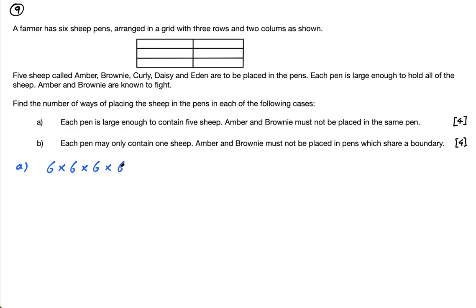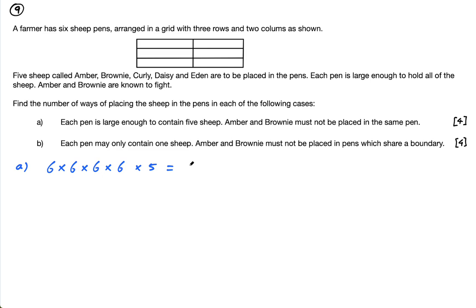So I'm going to times 6 again. But now I have Brownie, who I cannot put into any of the 6 pens. I can only put Brownie into 5 pens, because he cannot go into whichever one I put Amber into. Brownie has to go into a different one, and that's it.